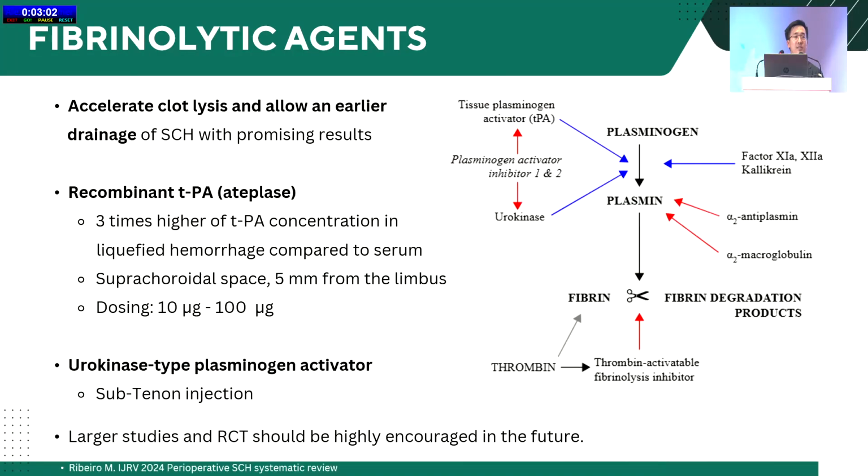And right now we have some studies reporting the role of fibrinolytic agents to accelerate the clot lysis and allow earlier drainage of the suprachoroidal hemorrhage, and it also showed promising results.